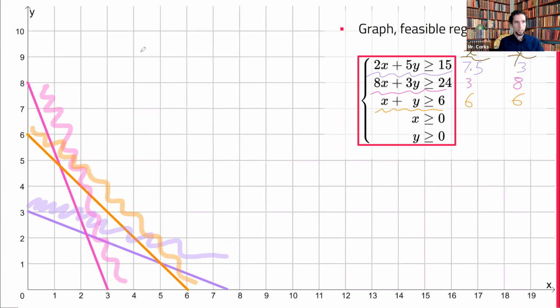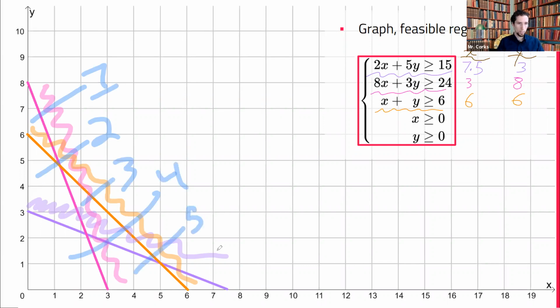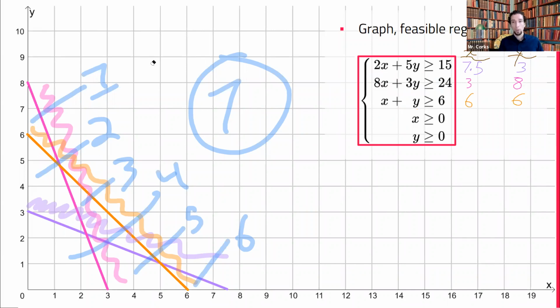So I'll do the same thing that I did last time. I'll write some labels here and then you can tell me which one you think is the actual solution to all of these. So region 1, 2, 3, 4, 5, 6, and then this whole big top area, 7. Which one is the total solution here? 7.